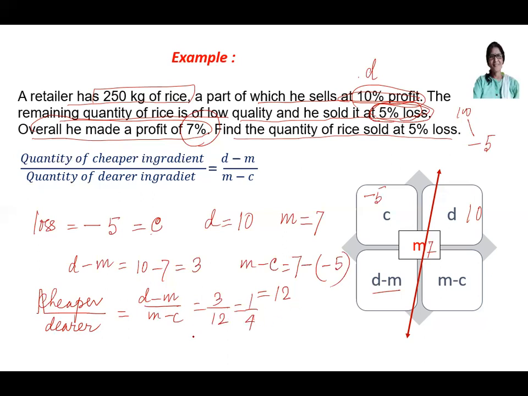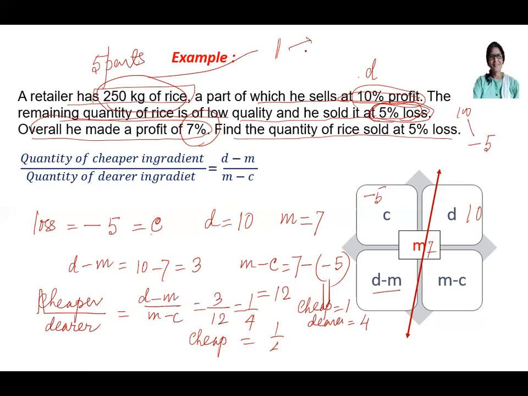So cheap will be 1/4. 1/4 means cheap is 1 part, dearer is 4 parts. So the total makes 5 parts. Out of these 5 parts, 1 part is sold at minus 5%, because this is the cheaper, and 4 parts at 10%.